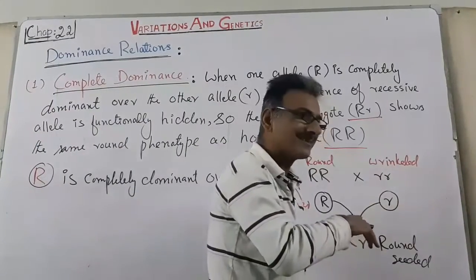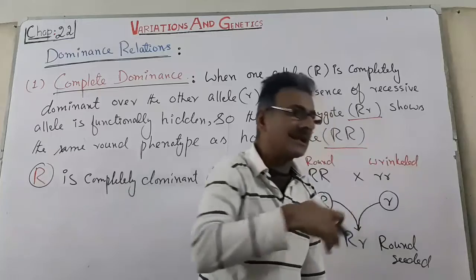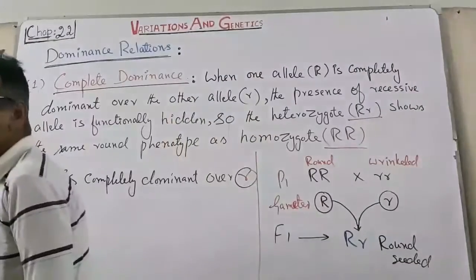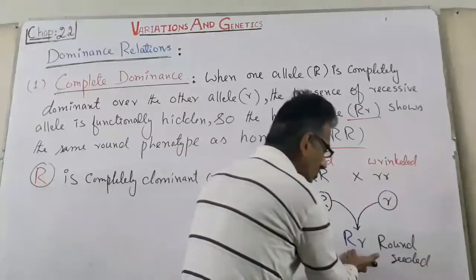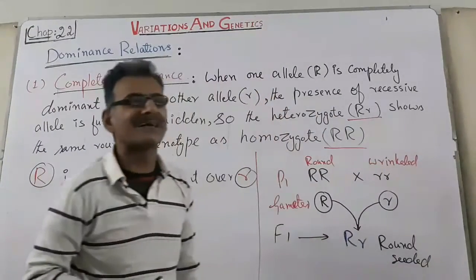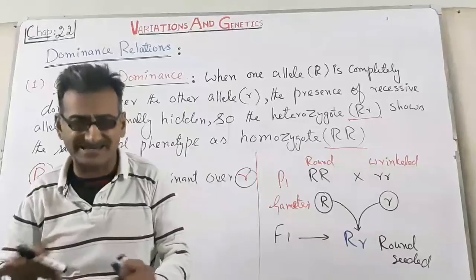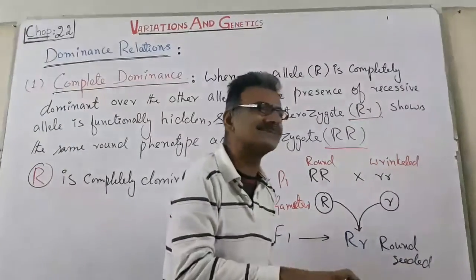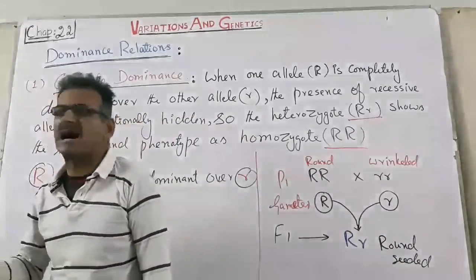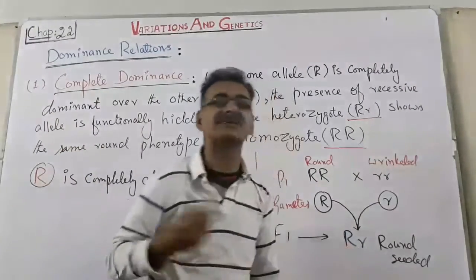But when the F1 offspring makes gametes, these two different alleles are segregated again. And so in complete dominance, the presence of the recessive allele is hidden.